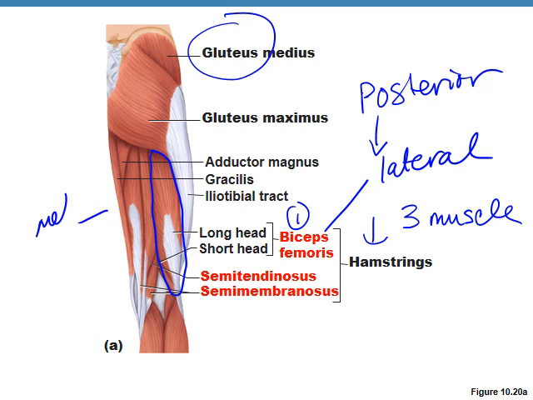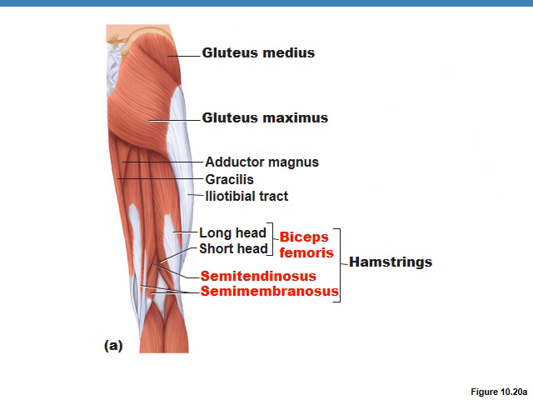This would be medial, and this would be lateral, right? So if you look at the posterior side of the thigh, the lateral muscle, even though it looks like one muscle, is actually the biceps femoris. The semitendinosus and semimembranosus are sitting together. So the T is for top.